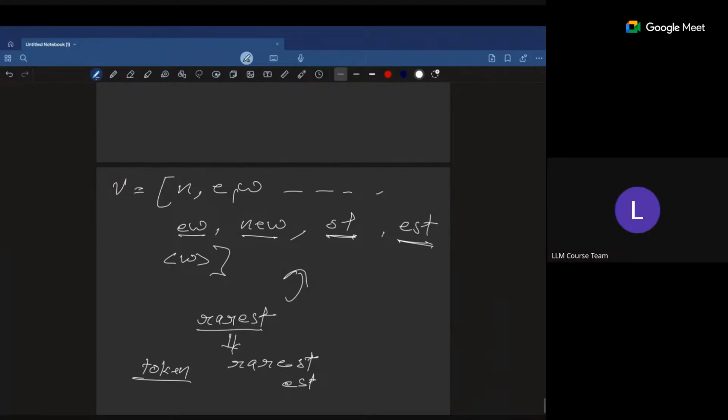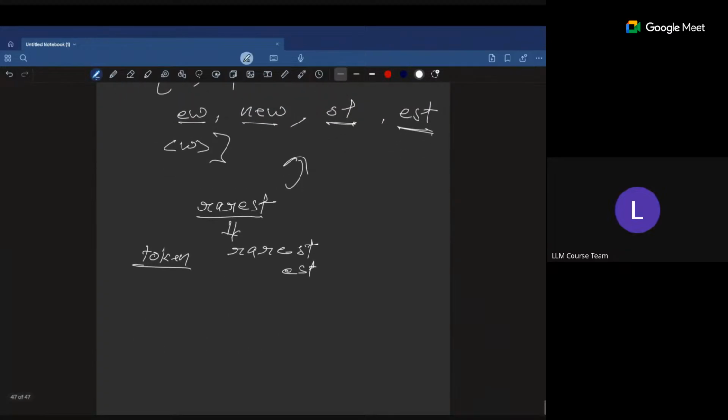I keep on doing this, and at the end, rarest is tokenized as rare plus EST, right? So in that way, the unknown words also get tokenized, right? So this is the way of doing byte pair encoding.